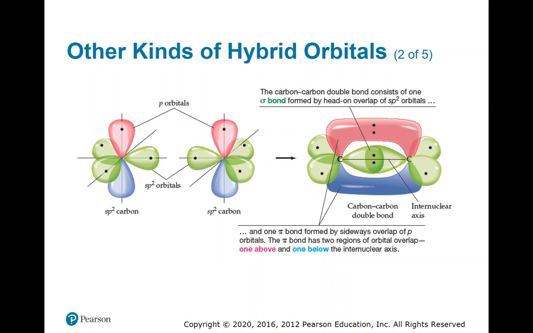And even with the unhybridized p orbitals, where the electrons are here in these pink lobes of the two individual carbons, those are still perpendicular to the hybrid orbitals, so we can't directly overlap those either. So while we do have a sigma bond formed between our two carbon atoms from the overlap of one hybrid orbital on one atom with the hybrid orbital on a second atom, our second bond can't be a sigma bond because it's not going to be direct orbital overlap.